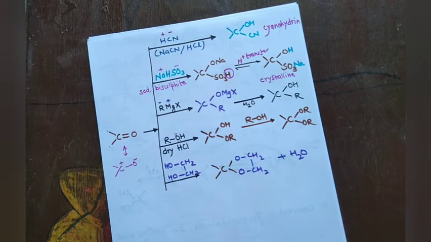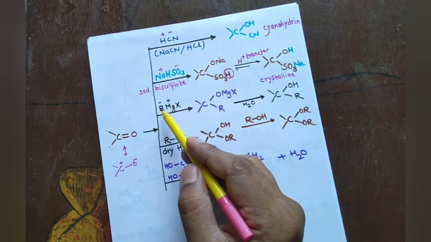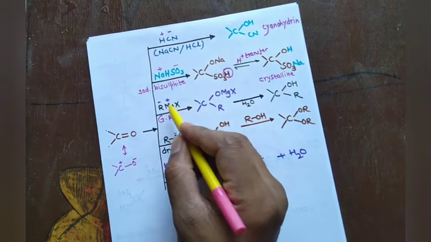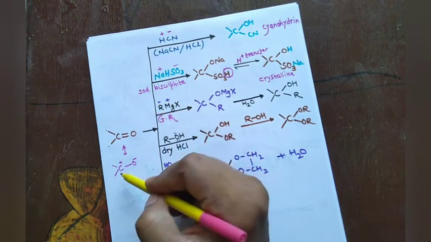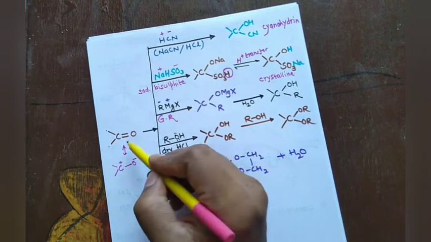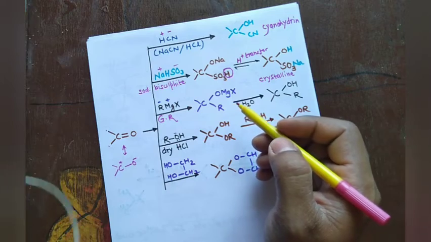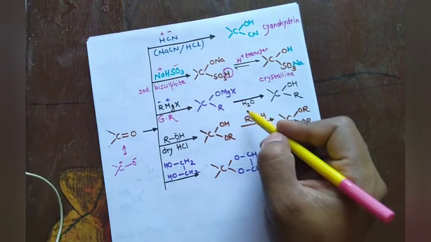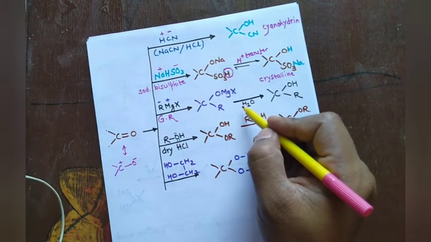Now this reaction we have already discussed. This is called Grignard reagent. Grignard reagent has got R minus MgX plus. R minus will attack the carbonyl carbon, whereas MgX goes to the oxygen, forming this compound. As we know, for Grignard reagent, hydrolysis will always be there.